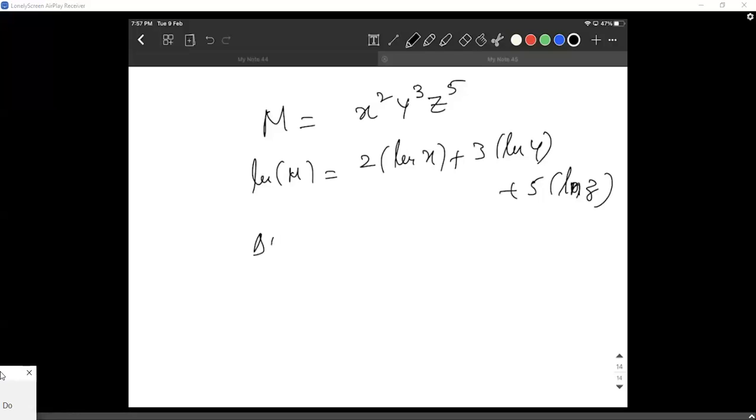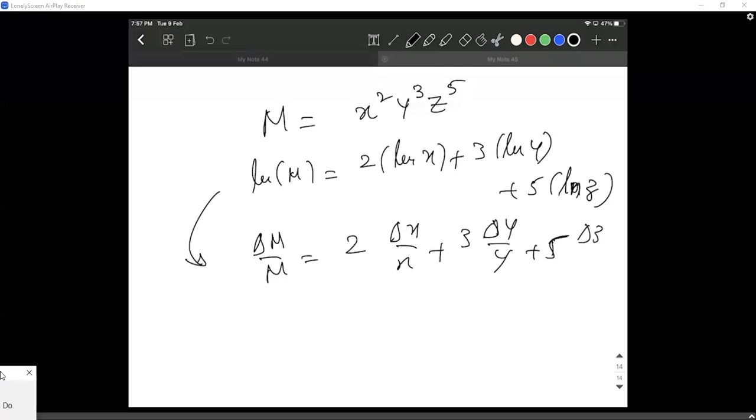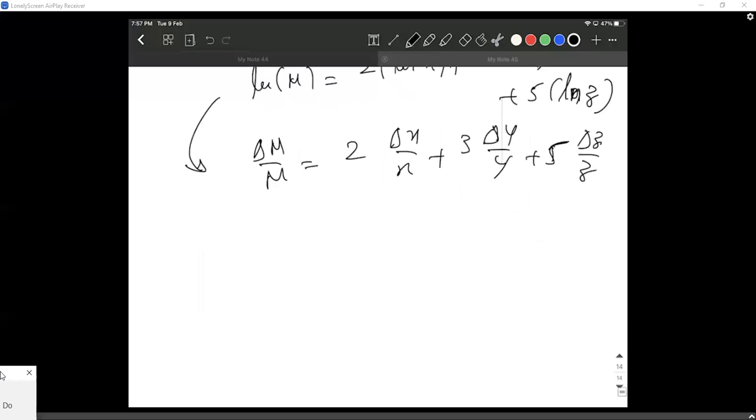So I'm going to write it as delta m by m equals 2 into delta x by x, plus 3 into delta y by y. I'm basically differentiating this thing. Plus 5 into delta z by z. What do we have here? We multiply with 100 each.